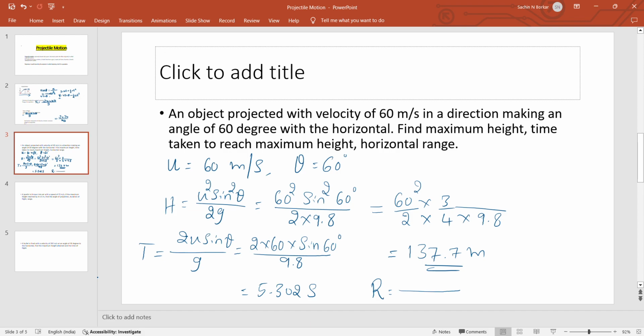So substituting in the formula u square sine 2 theta by g, it's 60 square, sine 2 theta will become sine of 2 times 60, that's 120, over 9.8. This simplification gives us 318.1 meter.